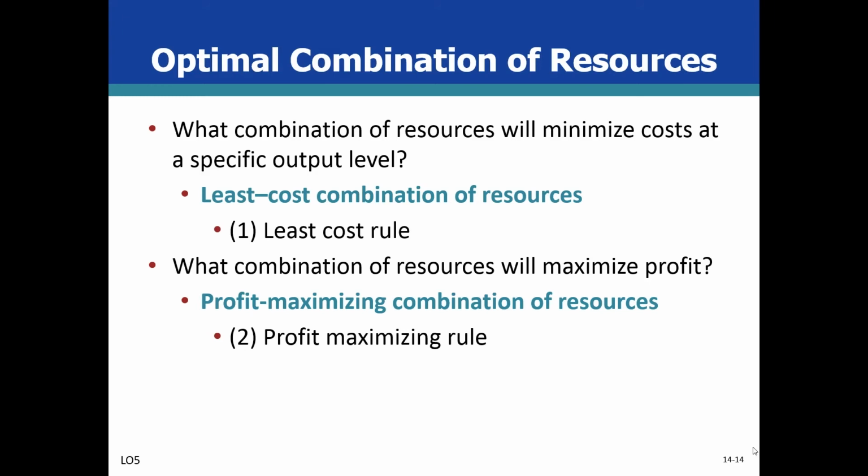It's a concept that tries to balance two equations: the marginal product of labor and the marginal product of capital, where the last dollar spent on each resource yields the same marginal product. Okay?